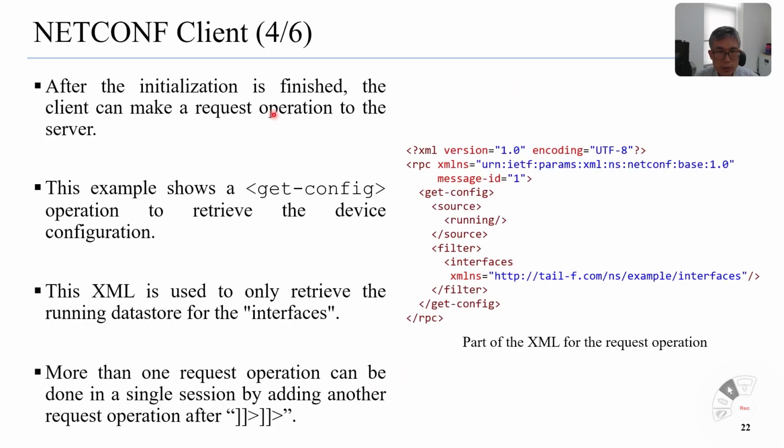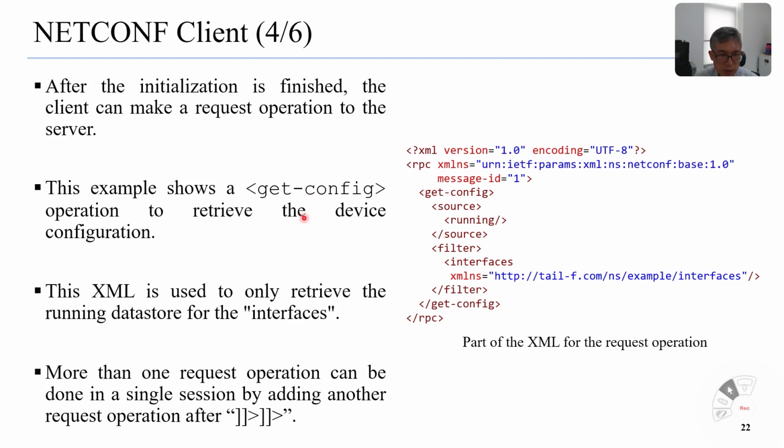And after initialization, this is the actual request operation, get config. Our goal is to get interface information, right? So this is the XML namespace, and we can get the configuration using get config.